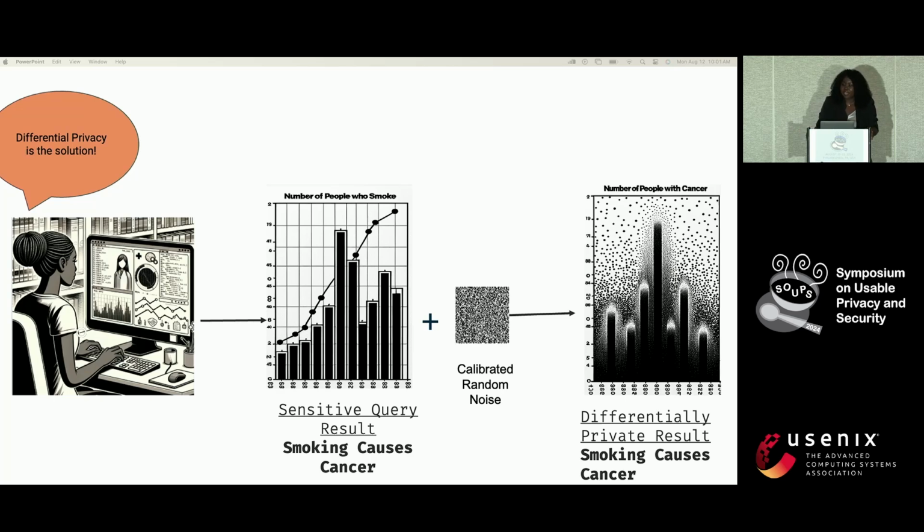Differential privacy provides a formal guarantee that the output of a query will not reveal too much information about any individual that's present in the data set. This is achieved by adding carefully calibrated noise to the results of the analysis. So with differential privacy, the analyst can learn that smoking causes cancer without learning whether John, who is in the data set, has cancer or not.